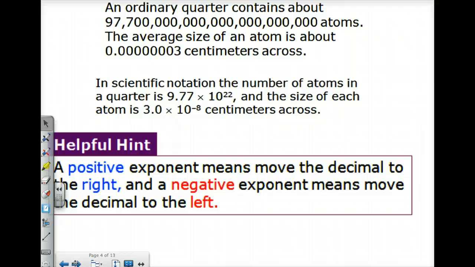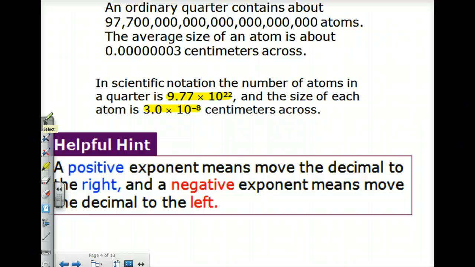So what we do is we convert these numbers into scientific notation to simplify them to make it easier for us to read. So the ordinary quarter contains 9.77 times 10 to the 22nd power atoms, and each of those atoms is 3 times 10 to the negative 8th centimeters across.